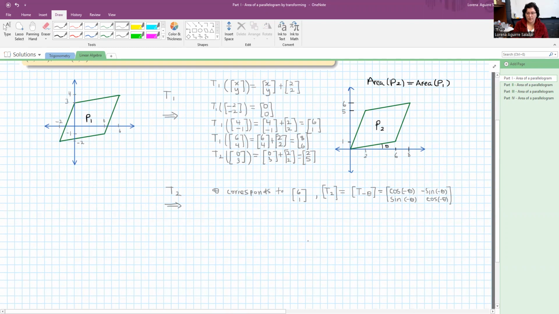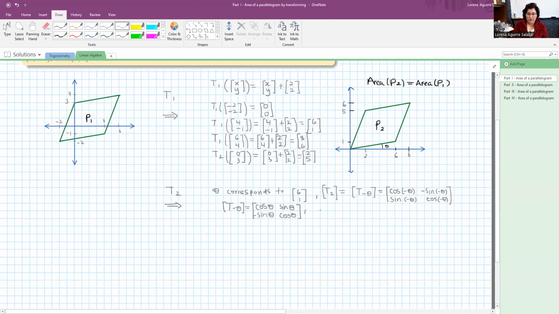And then because sine is odd and cosine is even, we can say that the transformation we're looking for is linked with the matrix with rows cosine of theta, sine of theta, and negative sine of theta, cosine of theta, where theta is the angle that corresponds to the point (6, 1).